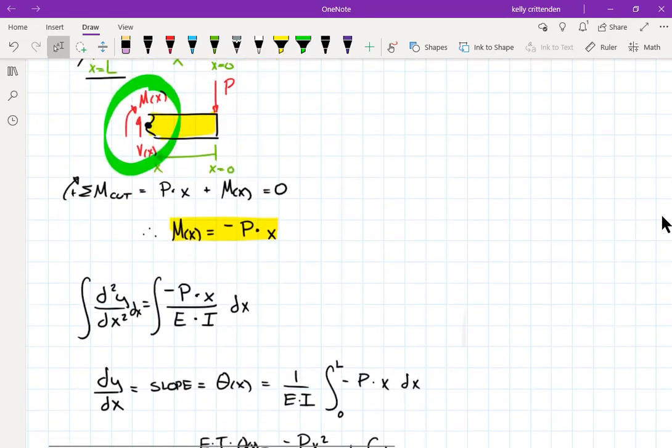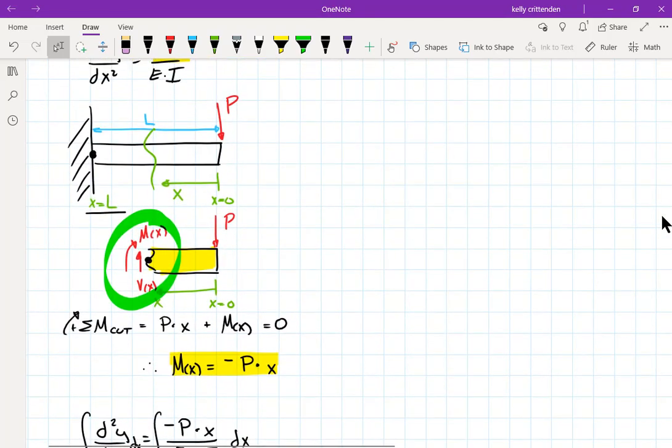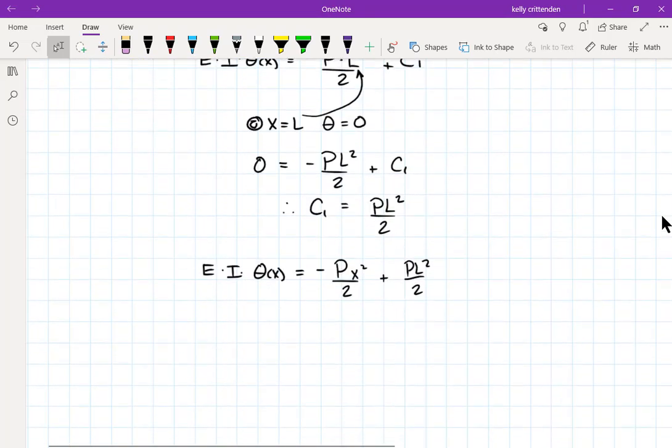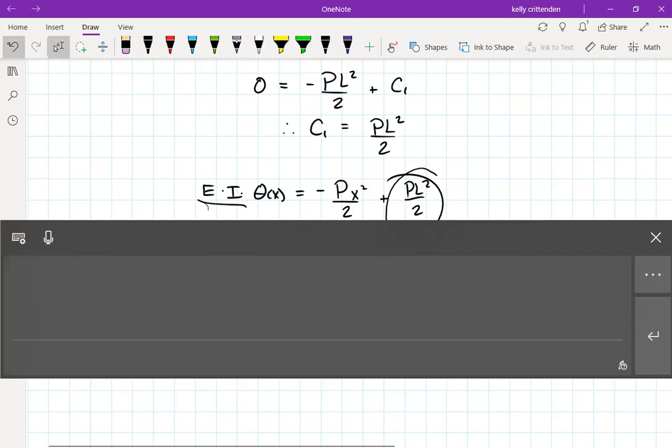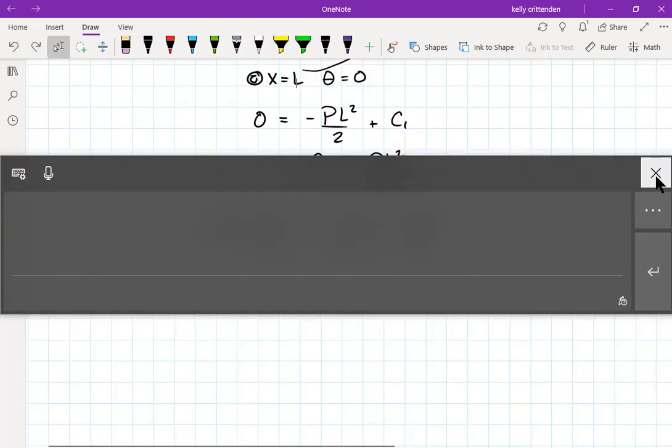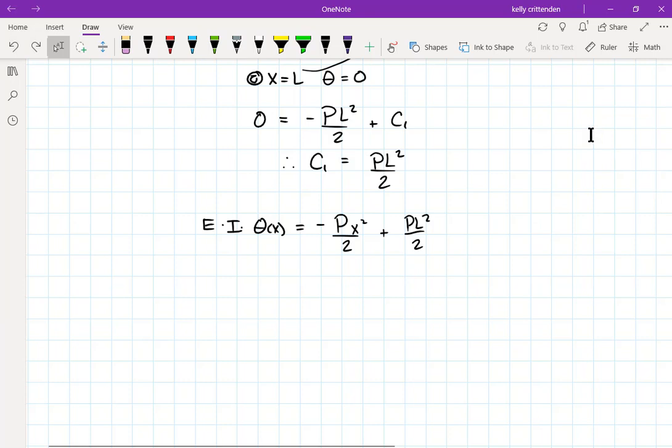And for us, we developed this equation where the free end is x equals 0. So if you put x equals 0 in here, you would get PL squared over 2EI. So we would get the same equation that they derived.